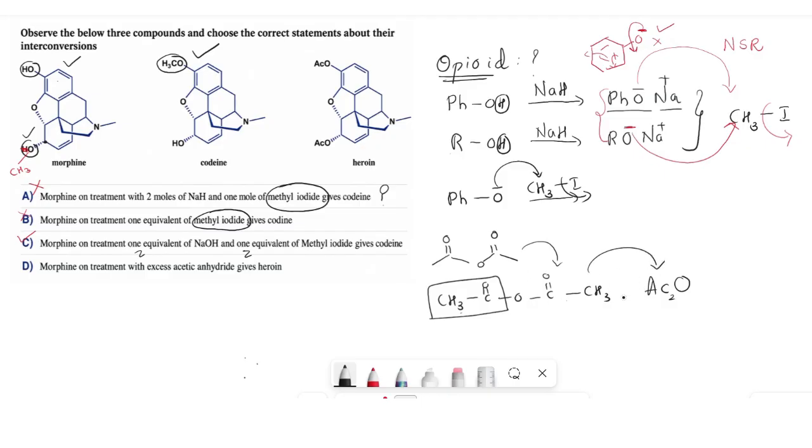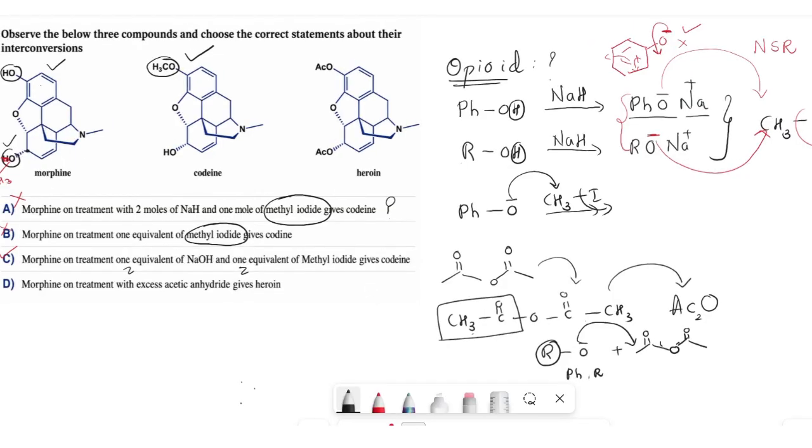Acetic anhydride. When this is treated with either an alcohol or a phenol, acetylation will take place. You can see it will undergo acetylation like this. Here it could be either Ph, like a phenyl, or any other alkyl group, whatever it is.